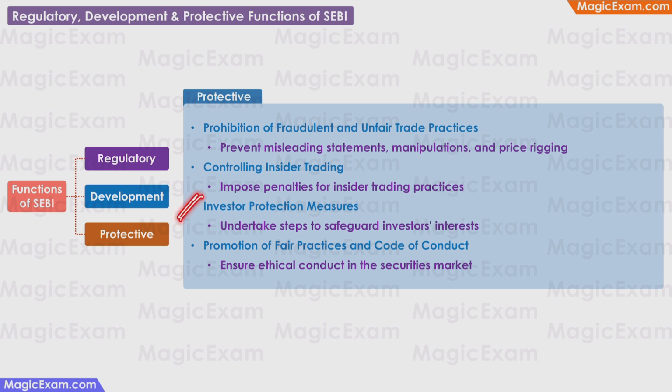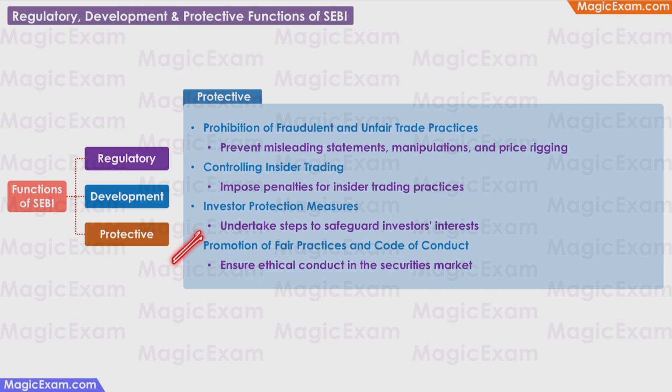The third one is investor protection measures. SEBI has several measures in place to protect the interests of the investors. It might be ensuring proper disclosures, transparent communication, or taking action against wrongdoers. SEBI's focus is always on keeping the investors safe. The fourth one is promotion of fair practices and code of conduct.